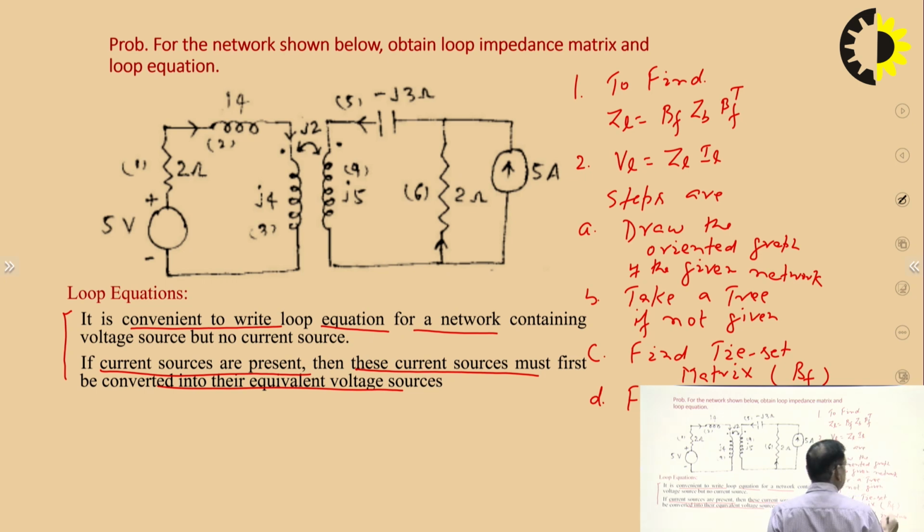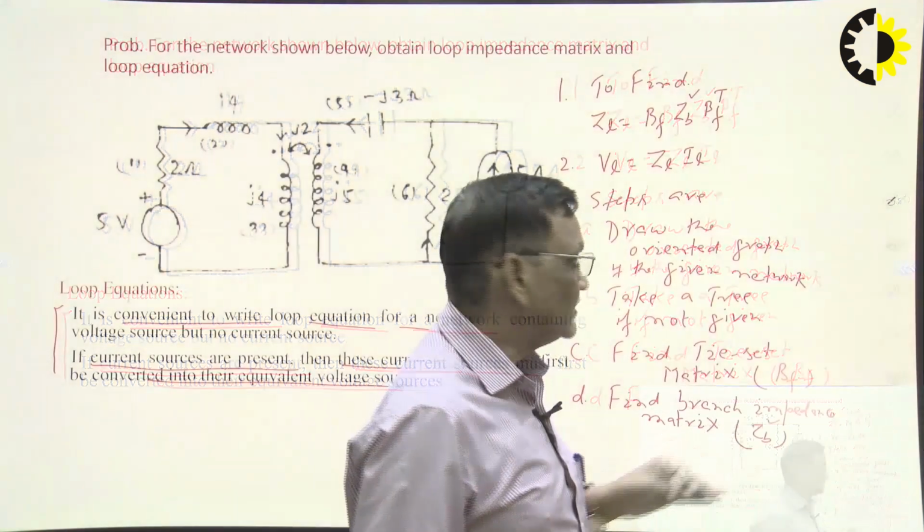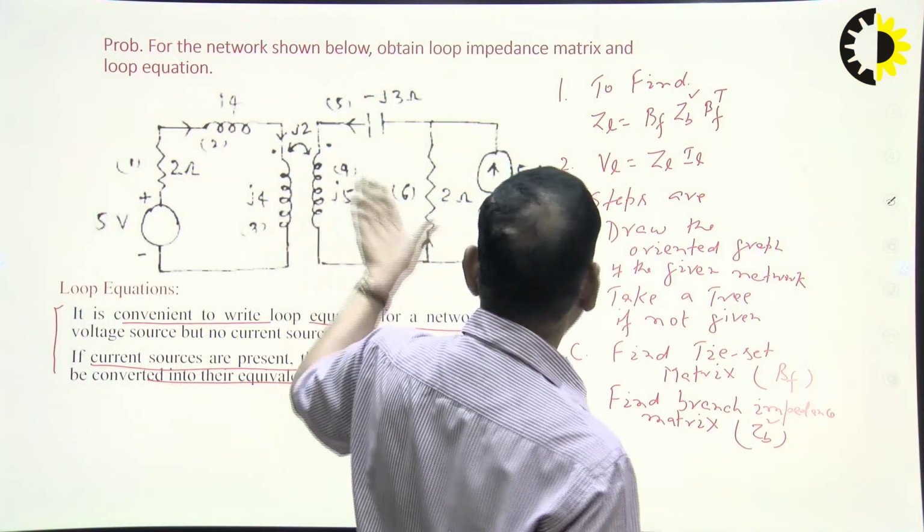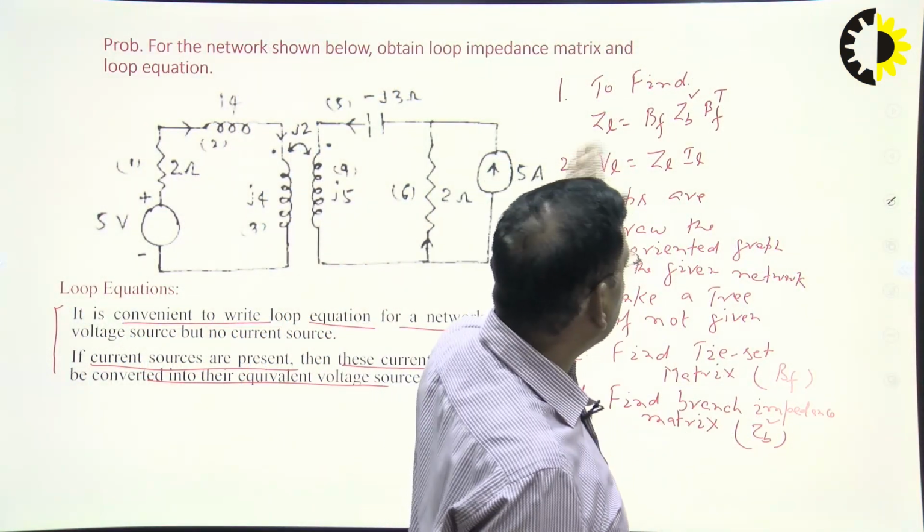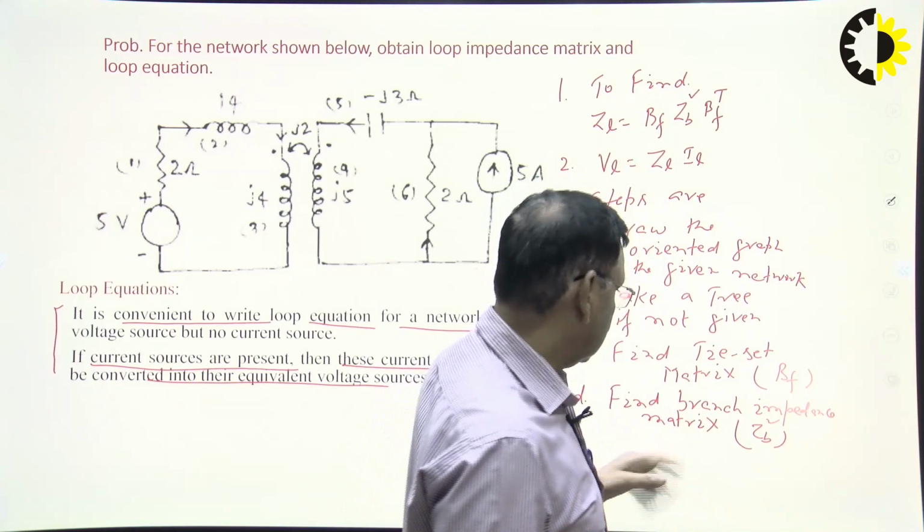So this ZB is the branch impedance matrix, BF is the tie-set matrix, and this is the BF transpose. We can get these matrices from the given network. By drawing the oriented graph and selecting a tree, we can get the fundamental tie-set matrix, and by inspection we can write the branch impedance matrix.